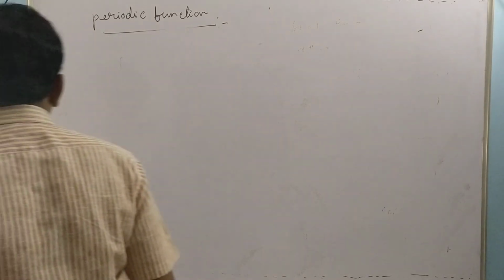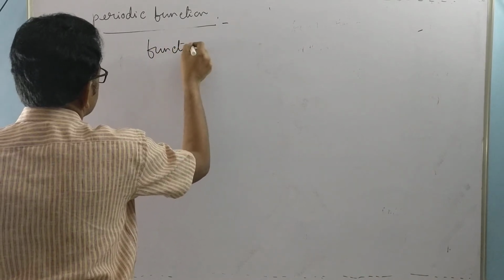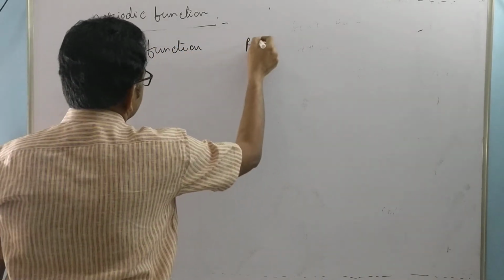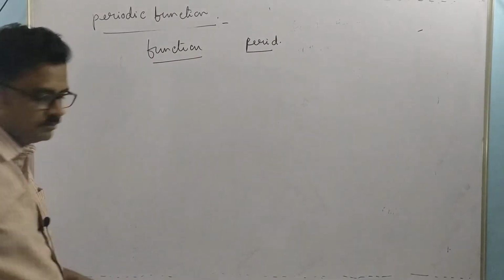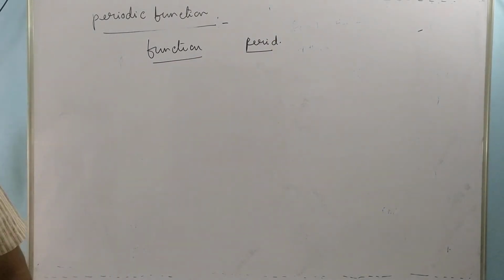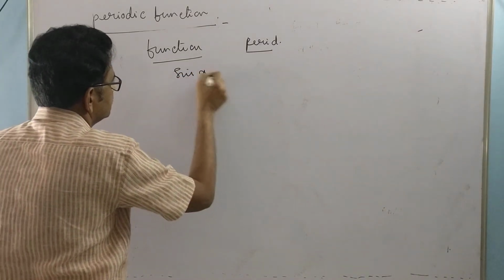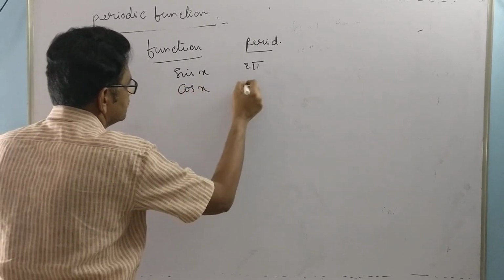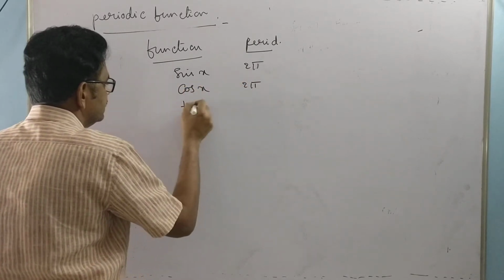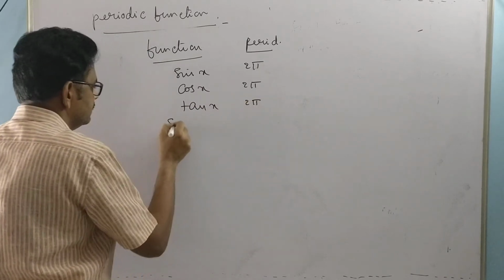Now functions and period. Here sin x: 2 pi, cos x: 2 pi, tan x: 2 pi.